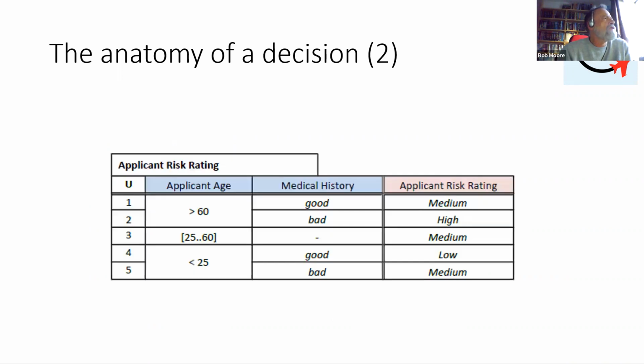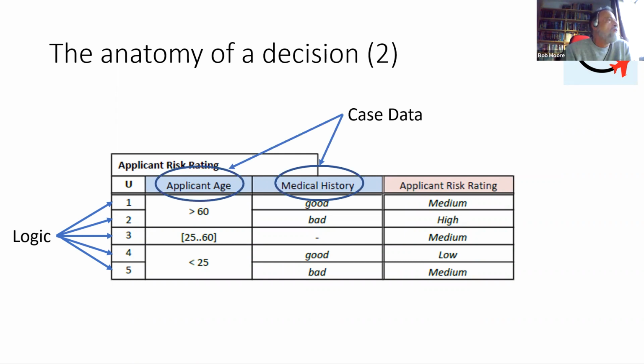Okay, that's a rule. Let's just look at a decision table, and we can see the same sorts of components there. In a decision table, we have some logic, which is represented by the rows of the decision table. We have the case data, which is represented by the columns of the decision table.